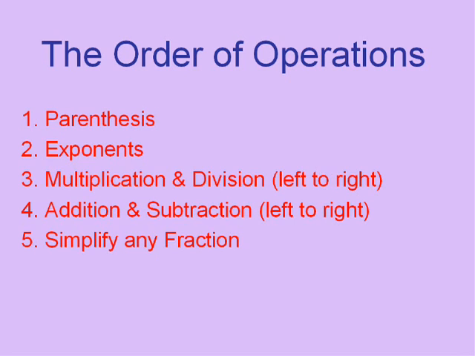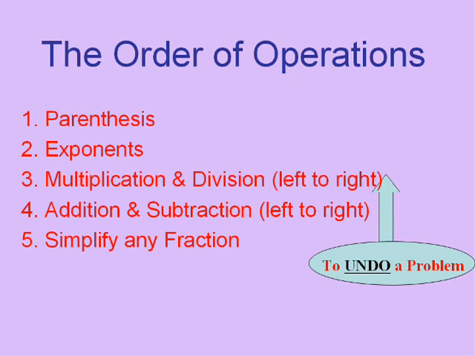But you know what? When we're solving an equation, we're actually undoing a problem. So when your teacher told you you needed to know the order of operations forwards and backwards, they weren't kidding, because we're going to use the order of operations backwards to solve equations, to undo them.